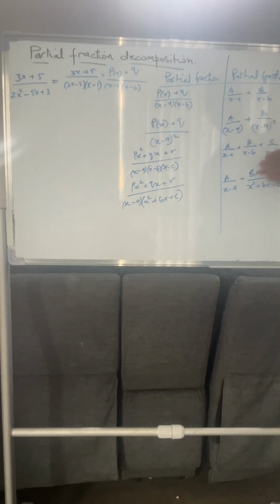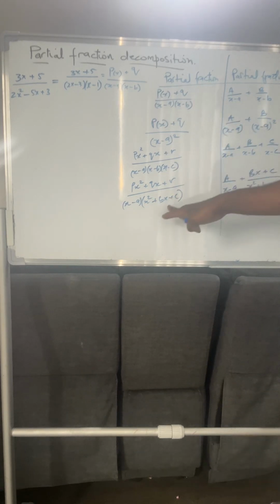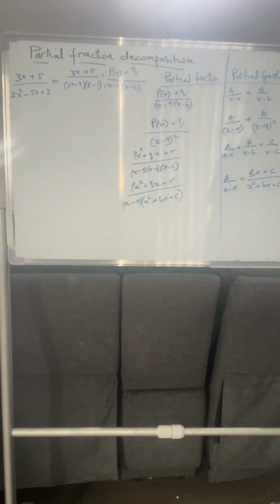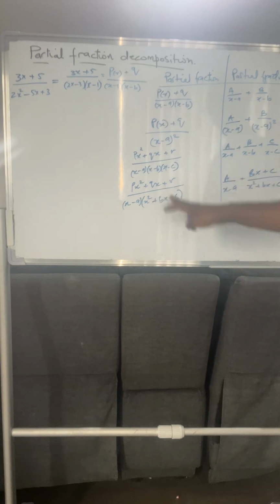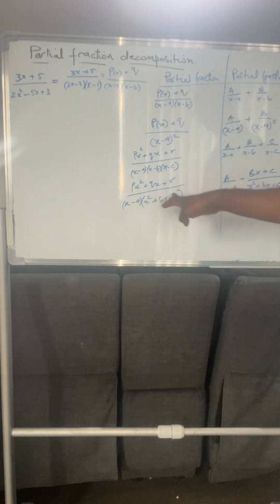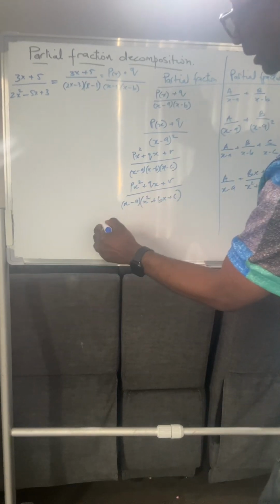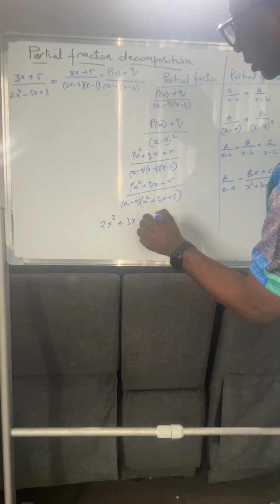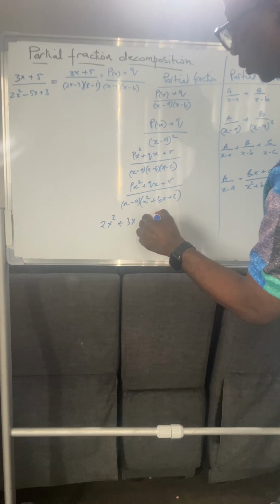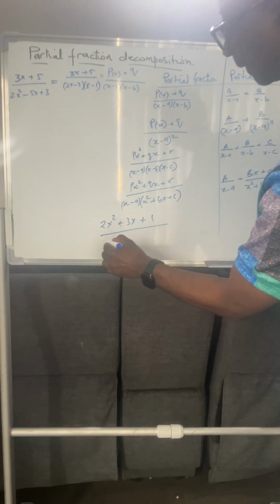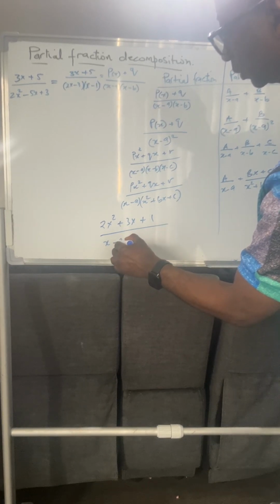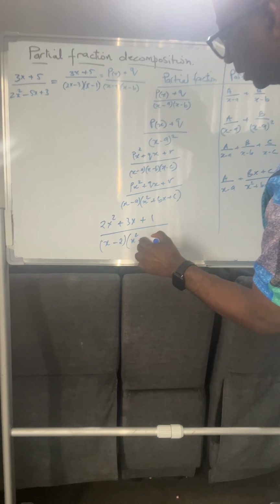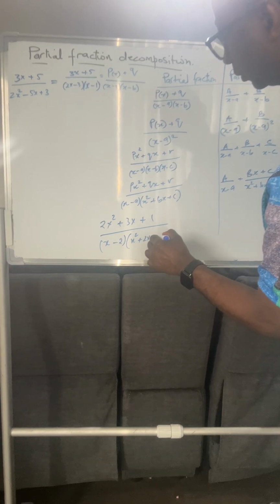Once you are able to identify this relationship between them, the rest is just the same methods we have used previously to solve problems. You just need to recognize it if a problem is given to you in this format. For example, 2x squared plus 3x plus 1 all over x minus 2 times x squared plus 2x plus 1.